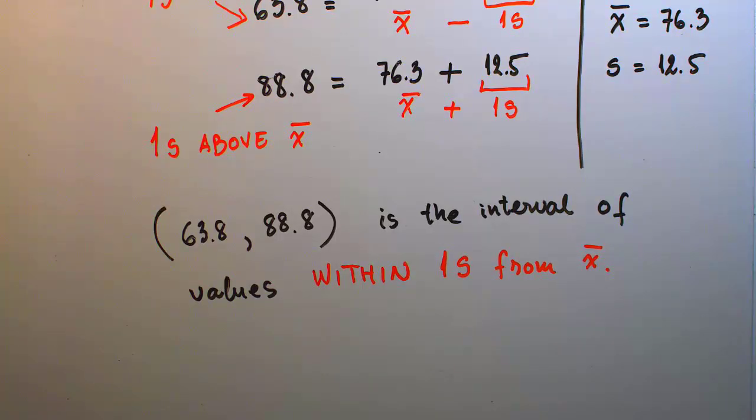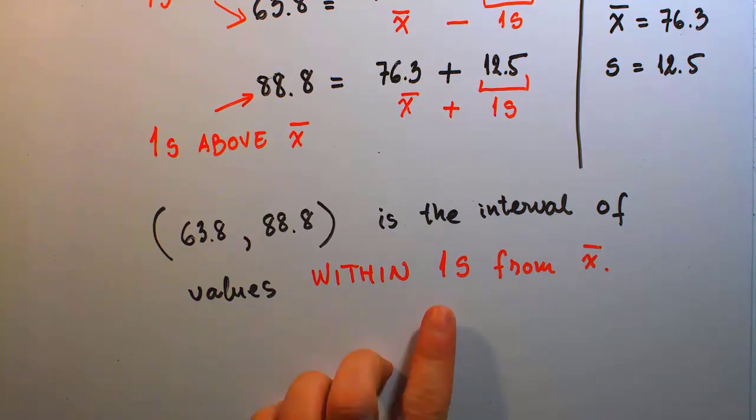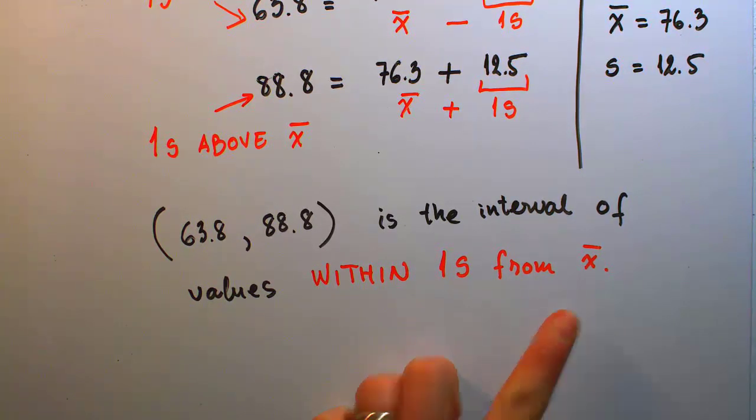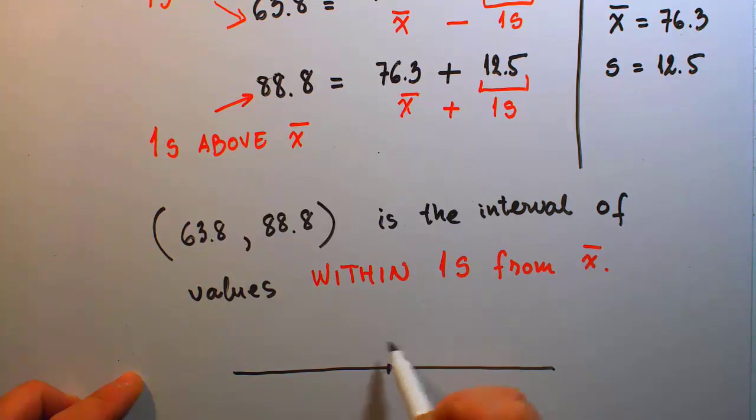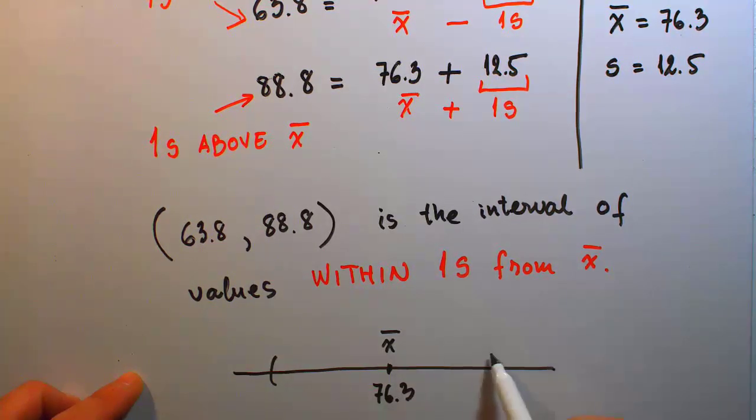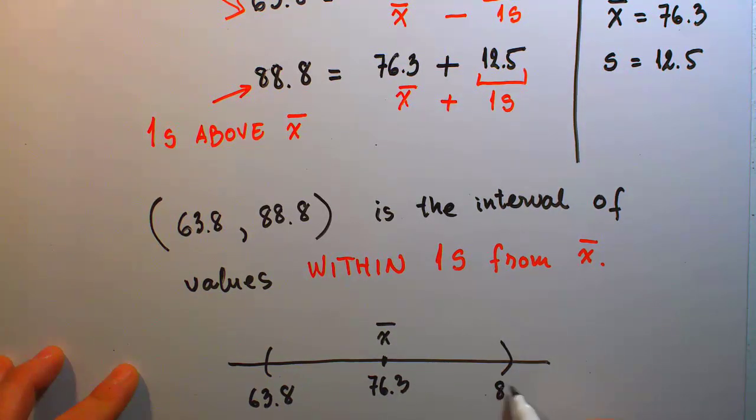Let me clarify what I mean by within one standard deviation from the mean. You can imagine there's a number line, and the way this interval is, the mean value 76.3 is right in the center, exactly in the middle. The low end and the high end are exactly symmetric right around it, where the low end 63.8 is here, and up to as high as 88.8.